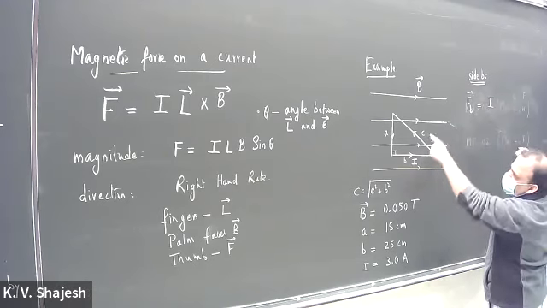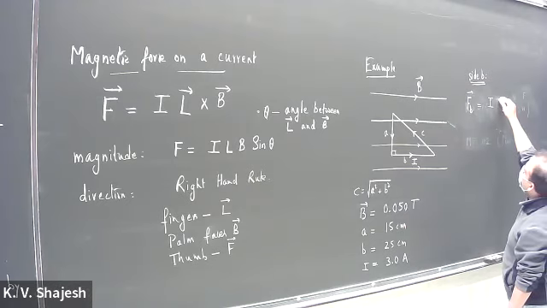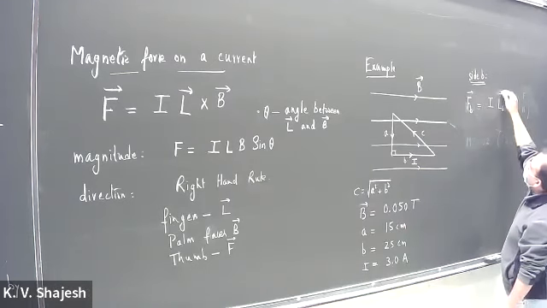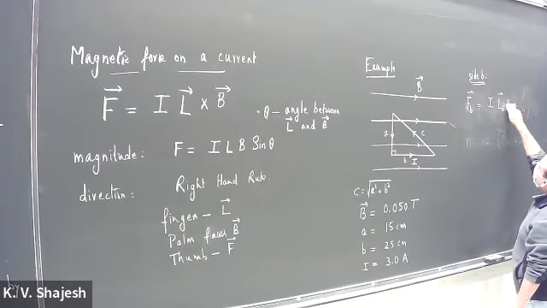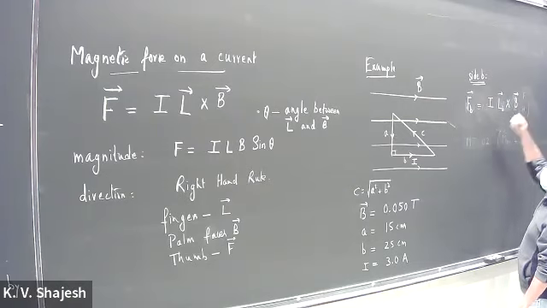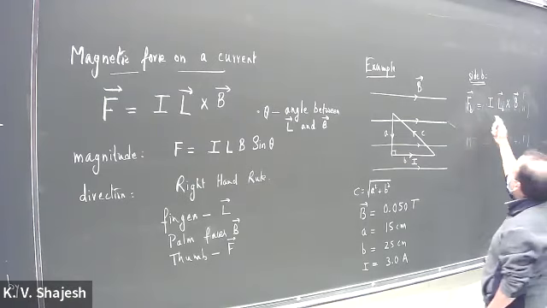Current will be the same in all, so it's the same I times the length of side B. Let's say this is L of side B. That's the length of side B. That's a notation there, and crossed with the magnetic field, which in this case is to the right. So that's your equation. And let's try to evaluate this.